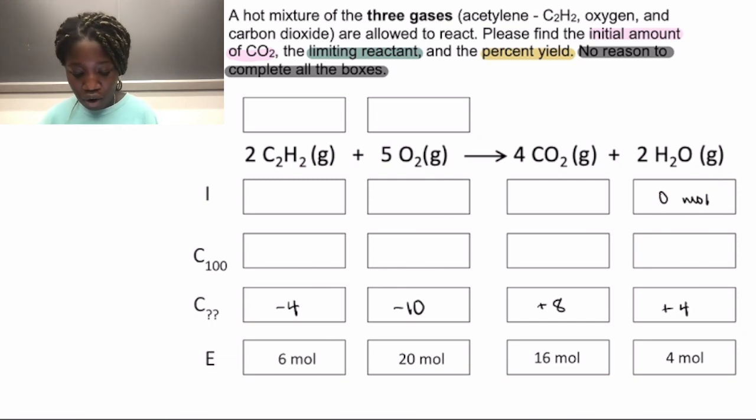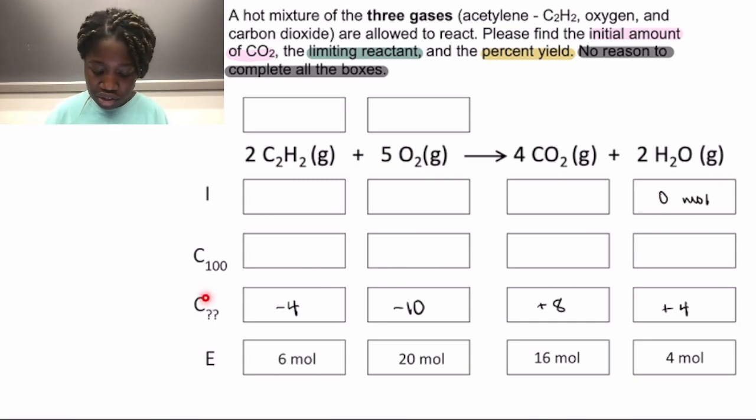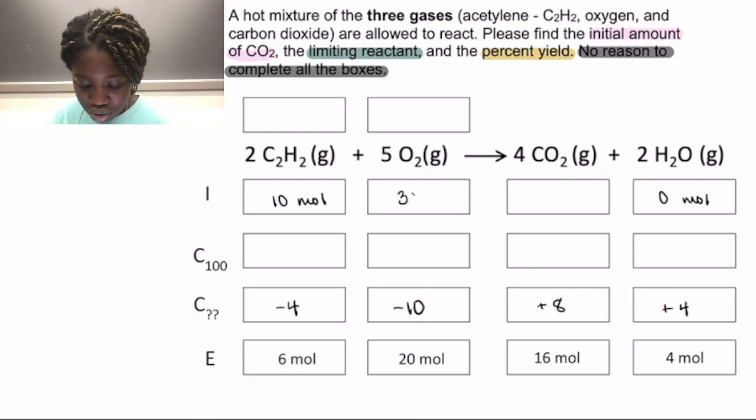So now we have all of our change question mark lines filled out, so we can find the initial values for each of our species. For acetylene, if we end with 6 moles and had lost 4 moles, that means we had initially started with 10 moles. For oxygen, if we had ended with 20 moles and had lost 10 moles, that means we had started with 30 moles.